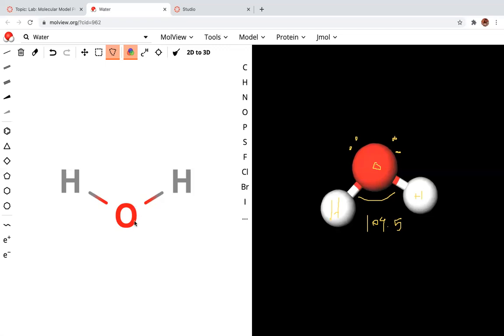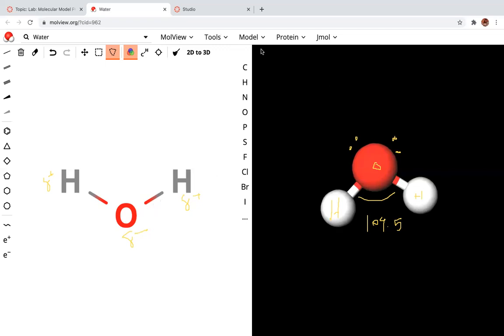So we give it the delta minus symbol, and we give the hydrogen delta plus. So this is for the bond polarity, which is from one bond end to another bond end.